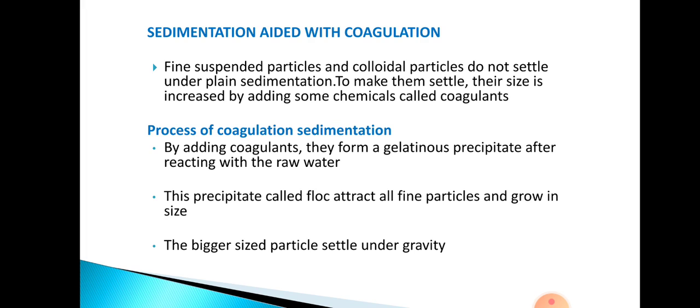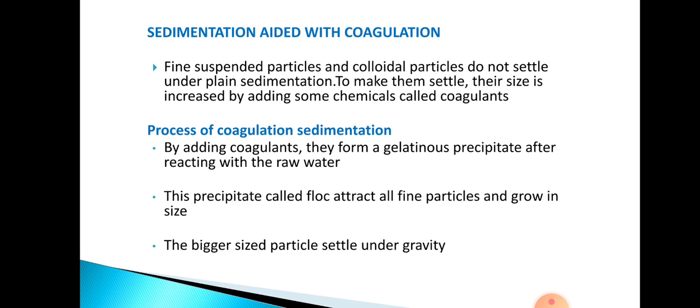Once the size increases, what happens? Normally the weight also increases, and finally this floc will settle to the bottom of the tank under the force of gravity. So we can say that coagulation is a process of adding coagulants to water. After adding coagulants, they will form a precipitate. This precipitate, which is also called the floc, will attract the finer particles and grow in size, and finally this large particle will settle under the force of gravity.